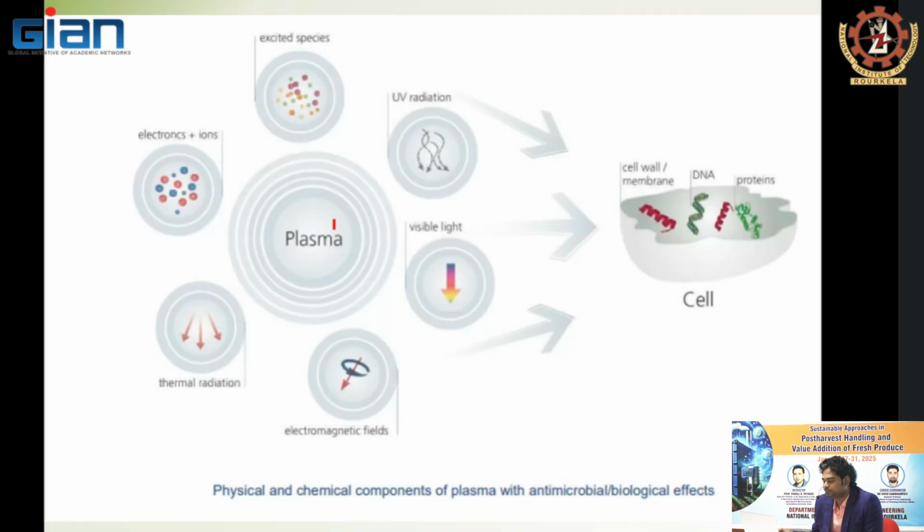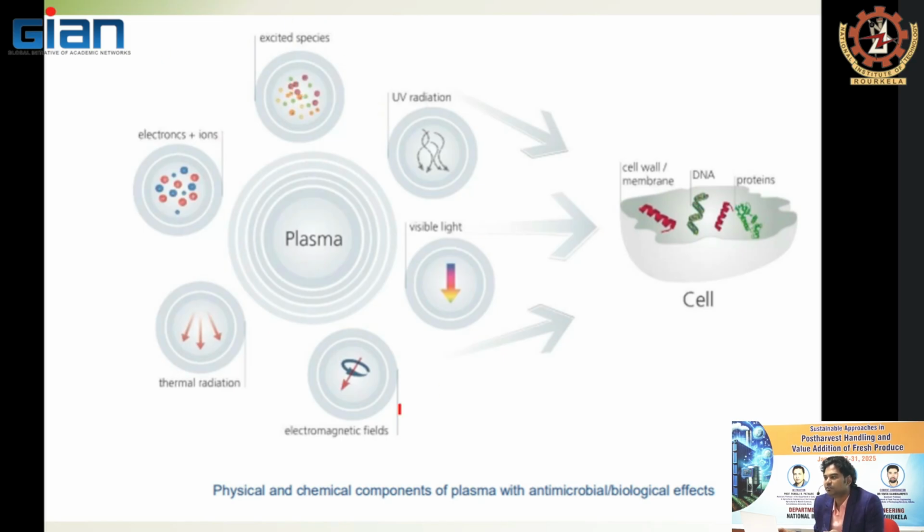Now, if you see the plasma, as per my experience with plasma experiments, when we produce plasma, it has major composition of ozone and UV radiation, visible light, electromagnetic field, thermal radiation, electrons, single electrons, and the excited species or reactive species which are produced from the gaseous molecules.